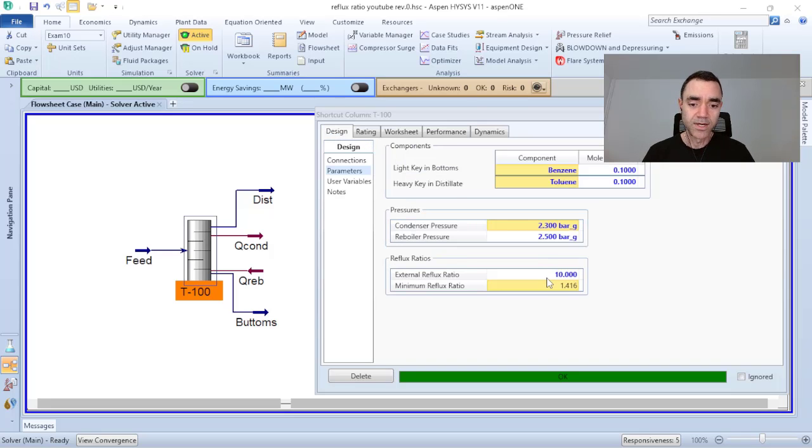And of course, as I told you, to perform the convergence of our process, we cannot operate below the minimum reflux ratio required.